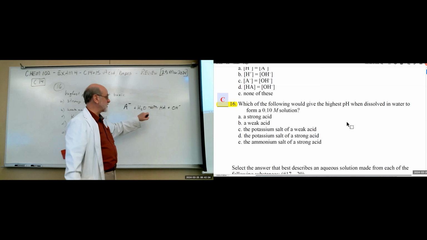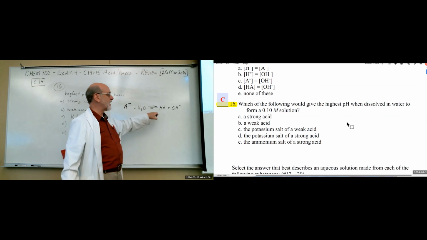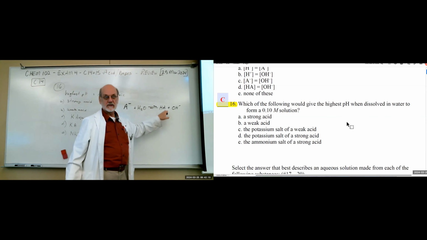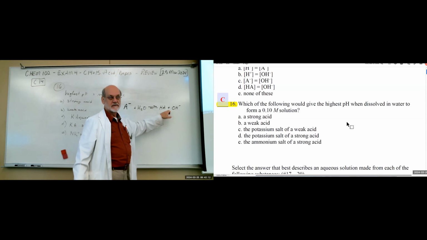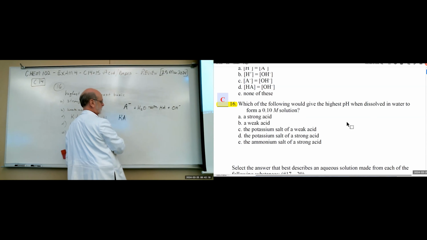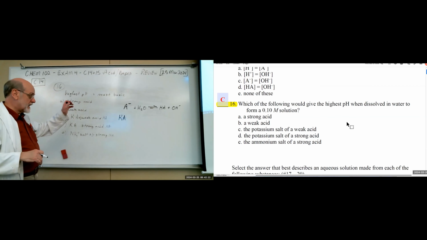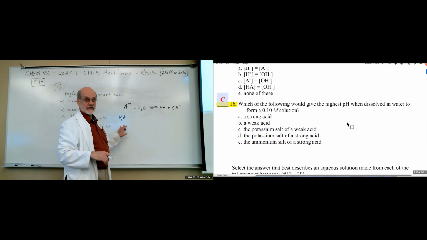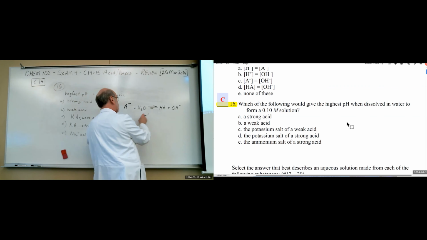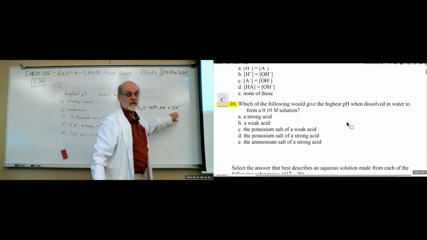So the potassium salt of a weak acid would put this in solution without the hydrogen ions. See where I'm going with this? We want to make that out of this. So if we tried it with a strong acid, a Ka with a strong acid, this would be a weak base. And you get no return reaction to produce hydroxyls to make the basic solution.